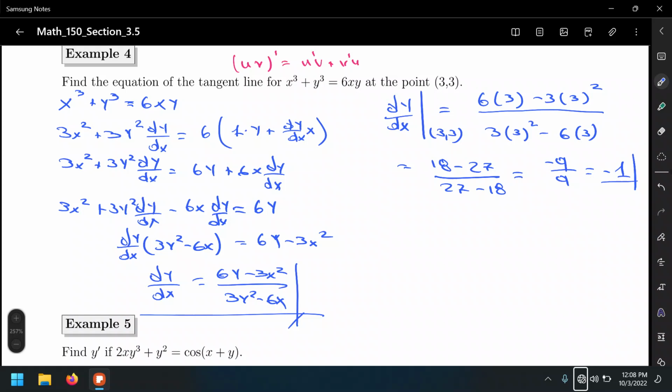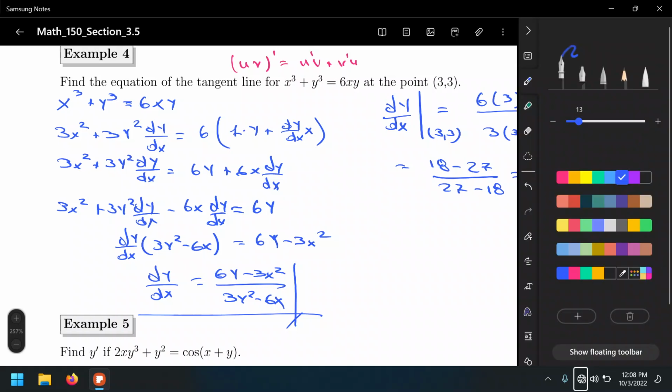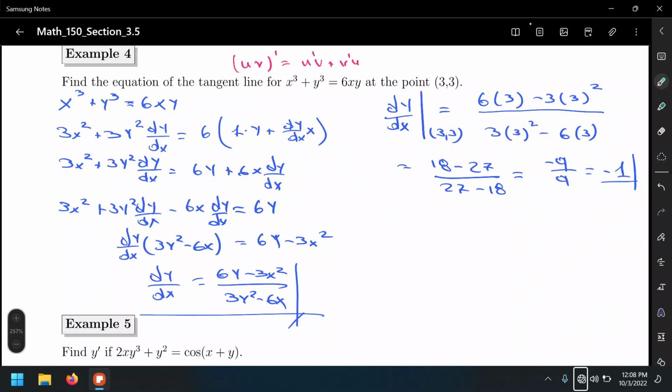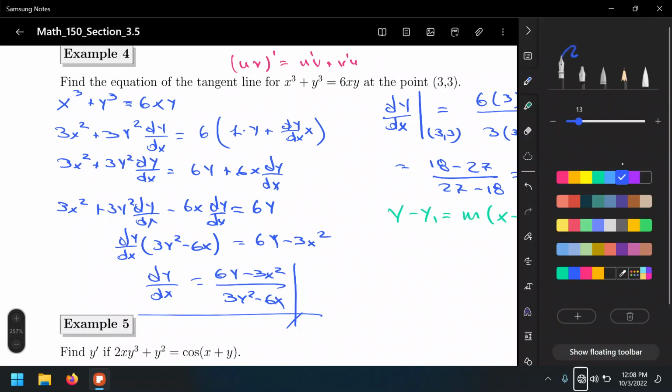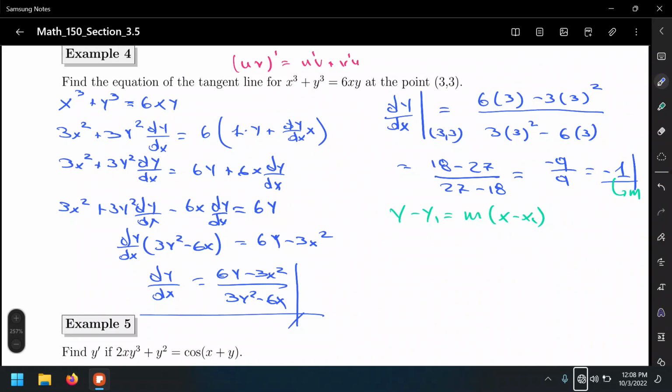So we have all the information that we need to get the equation of the tangent line at that given point. We can simply use y minus y1 equals m times x minus x1, where m is the slope. From here it's all plugging in numbers. y minus 3 equals negative 1 times x minus 3.